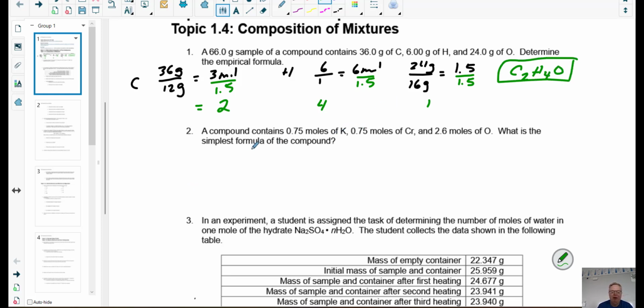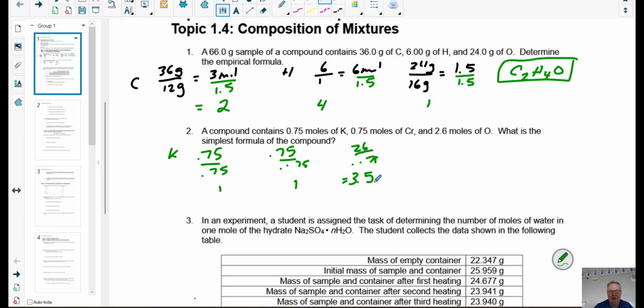Now this one's already given to us in moles. So it says it's 0.75 moles of K, 0.75 moles of Cr, 2.6 moles of O. So if I got 0.75, 0.75, and 2.6 respectively, K, Cr, and O, divide them all by 0.75. And obviously it's 1, 1, and 2.6 divided by 0.75.